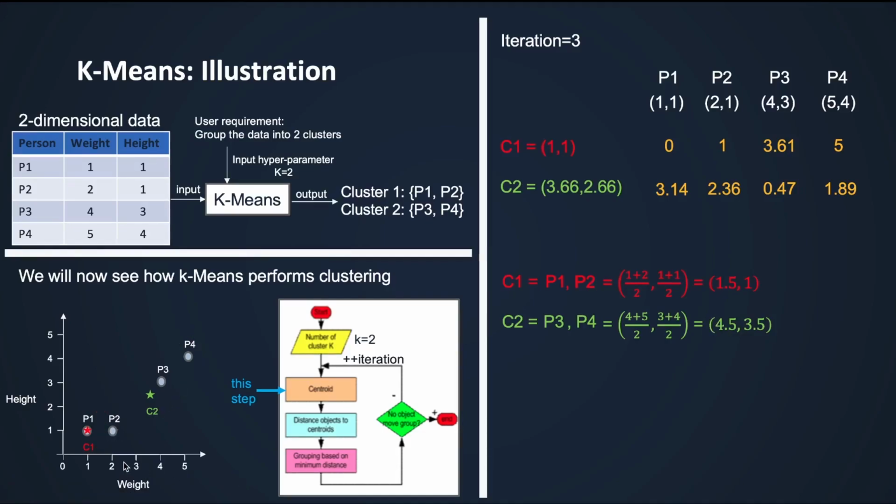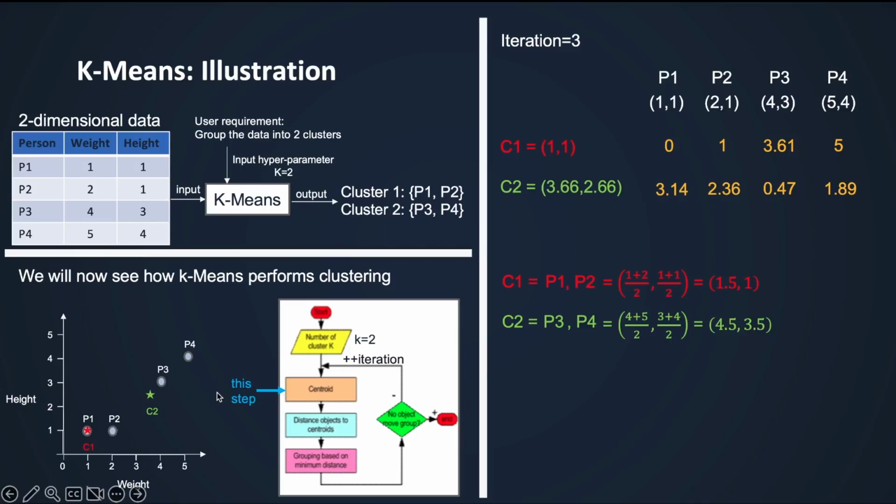In the graph, please observe carefully. Previously, the cluster centroid C1 was at 1, 1, whereas cluster centroid 2 was around 3.66 and 2.66. These centroids will now be shifted to 1.5, 1 and 4.5, 3.5.